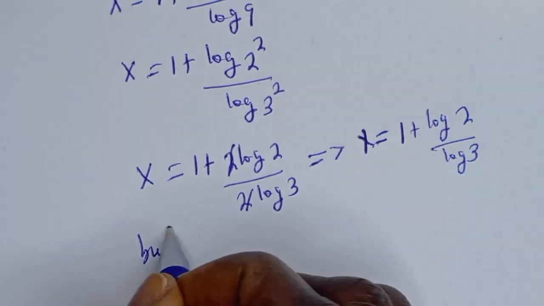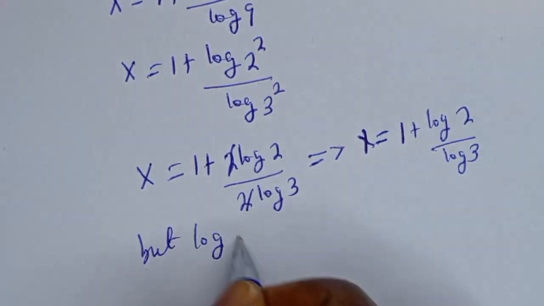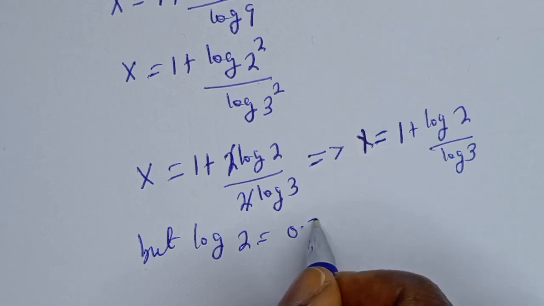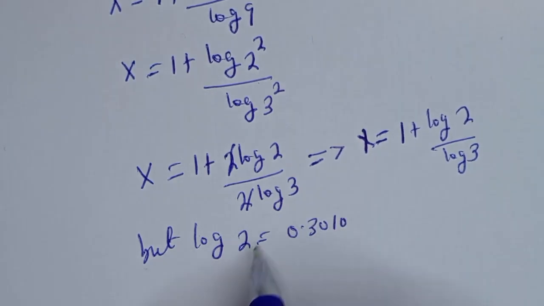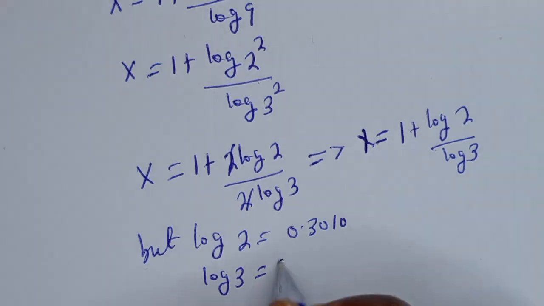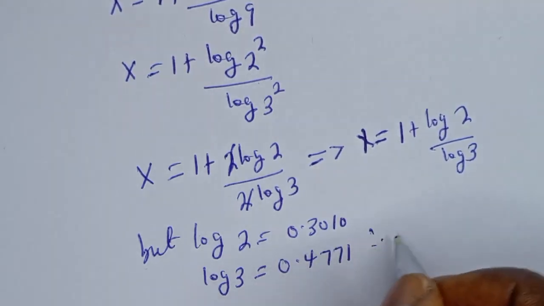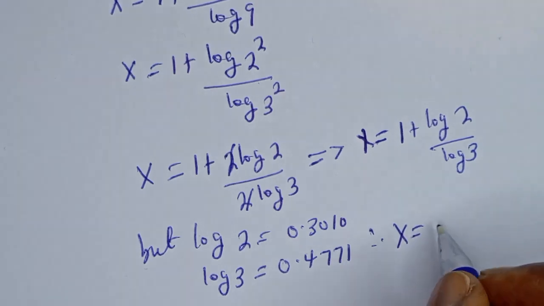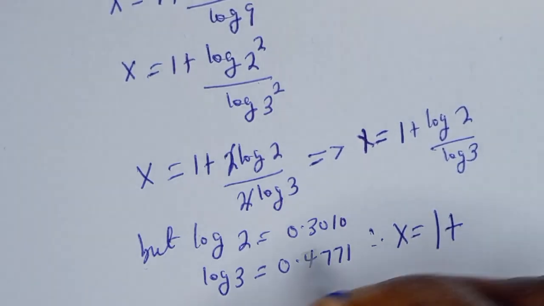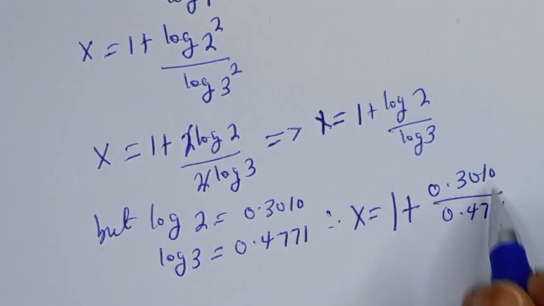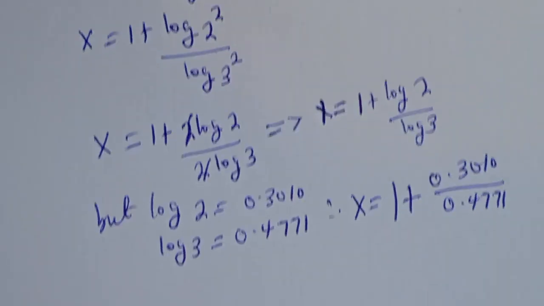But log 2 is equal to 0.3010 and log 3 is equal to 0.4771. Therefore, S is equal to 1 plus this 0.3010 divided by 0.4771.